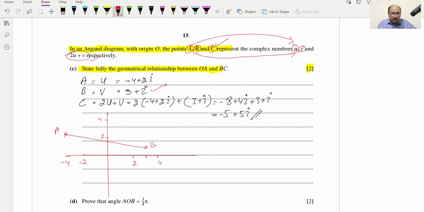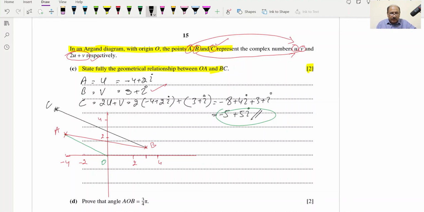Now we can draw OA also, and this is our origin. Now we can draw C point, and C we got over here as -5 plus 5 iota, so we can take it like this over here. This will be our C point, and we join B and C, and BC will be this line.